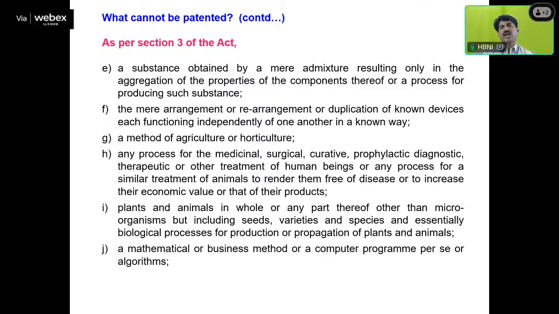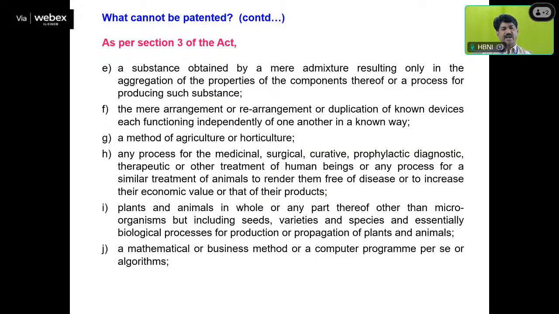If somebody wants to mix both things together in a single box and says that this is a new product, that will not be given the patent, because the two previous boxes have already got patents. So this is just an admixture of the two things. It will not be a new invention.